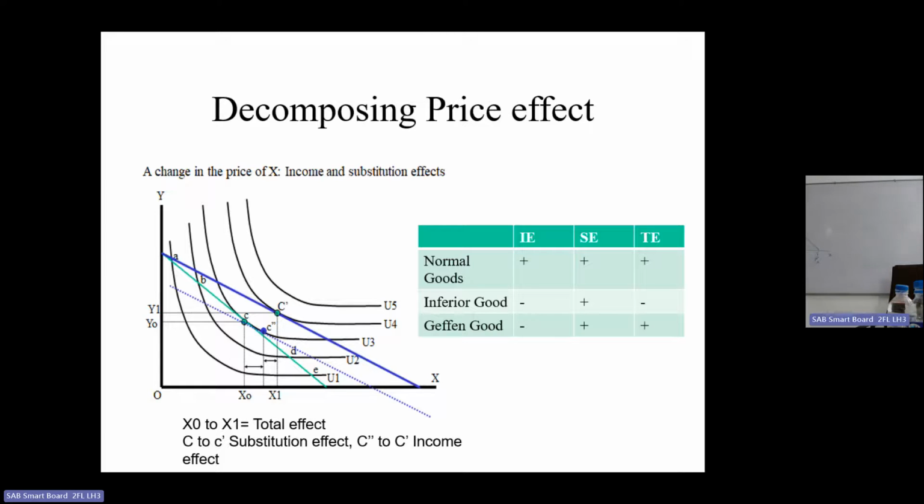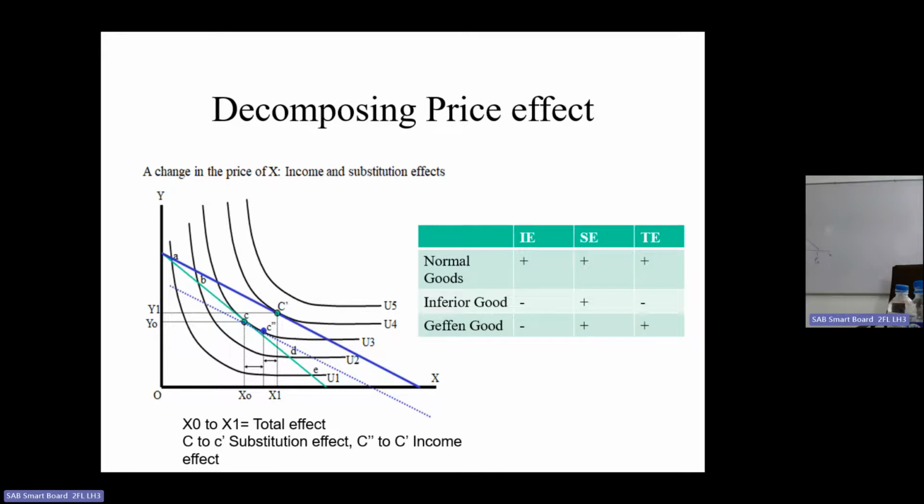If we reduce the income level, our purchasing power decreases and we go to a lower indifference curve. That means the real income falls, so we are going for lower satisfaction.